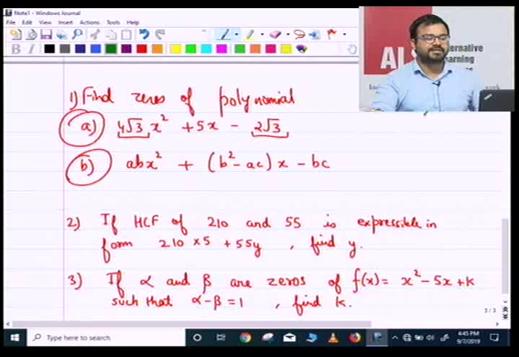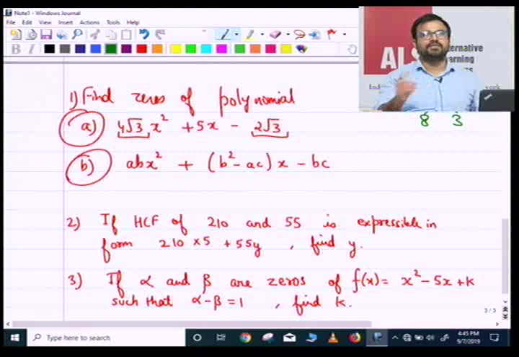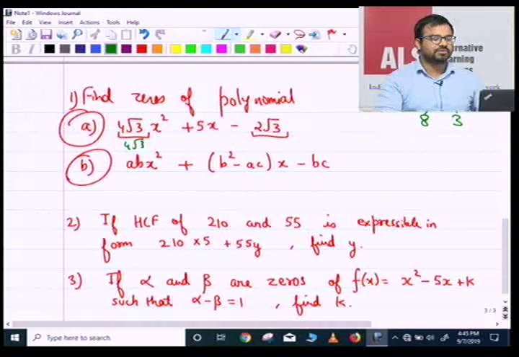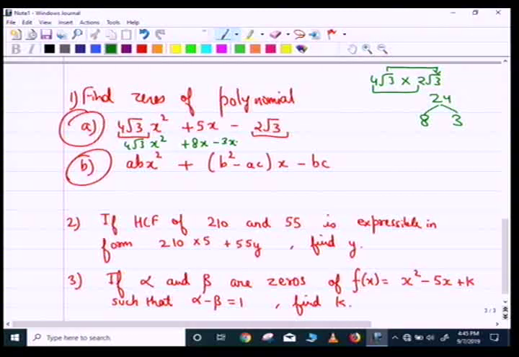So you can directly say 8 and 3, right? We can split it as 4 root 3 x square plus 8x minus 3x minus 2 root 3.